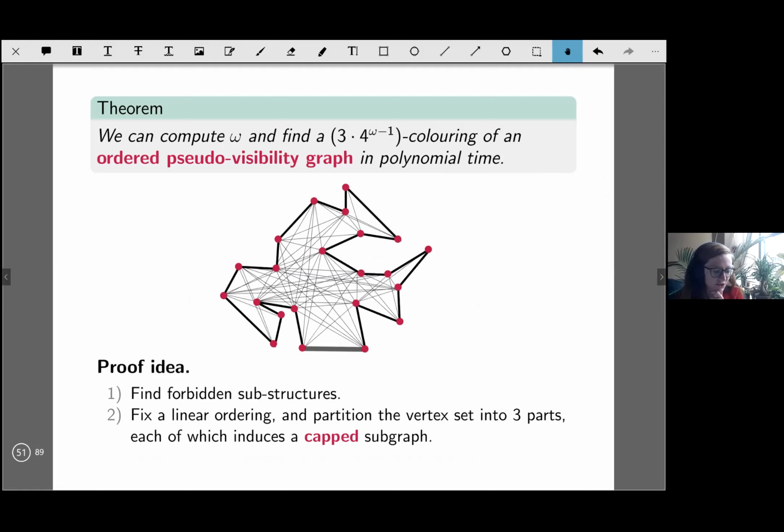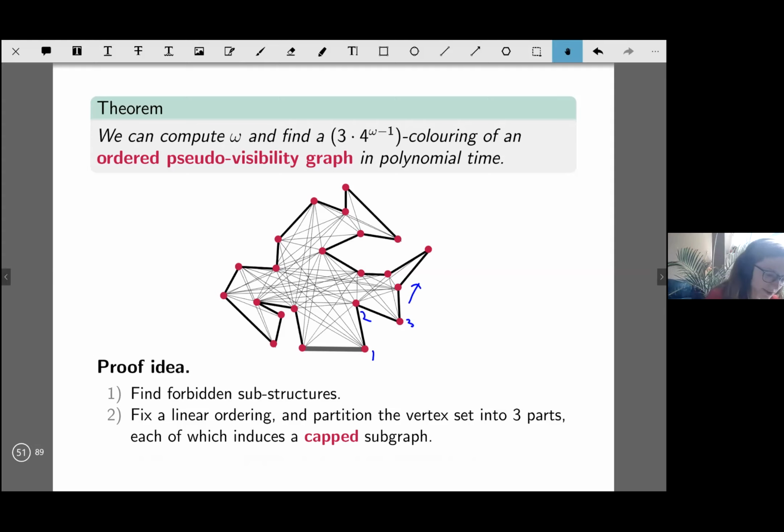So I want to give you some intuition for why this is in terms of polygon visibility graphs, because they're easier to work with and it's easier to really see what's going on. In fact, this algorithm that I'm about to show is related to the window partition by Surrey, which is used to find really fast algorithms for shortest paths in these graphs. What we do is we're going to fix some edge of the polygon, and we're going to consider this as being the smallest vertex, and then I'm going to go around in clockwise order.